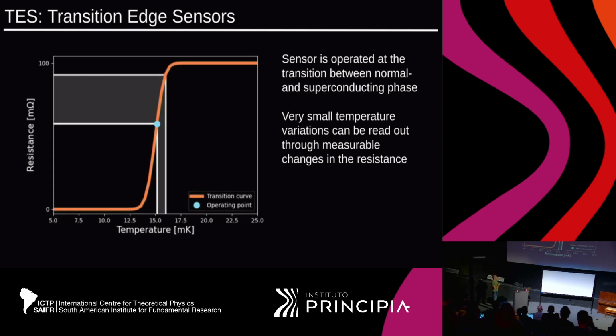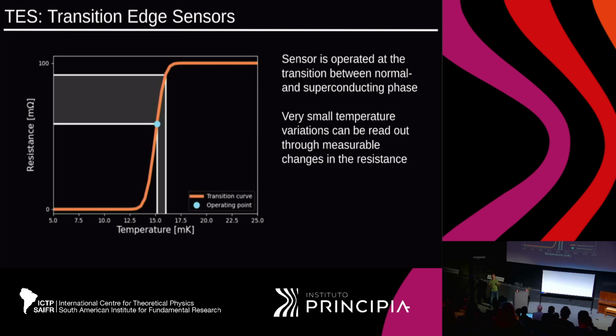Well, you look for things that change their behavior a lot when you change the temperature, okay? And one situation where these things happen is when you are close to a phase transition, okay?